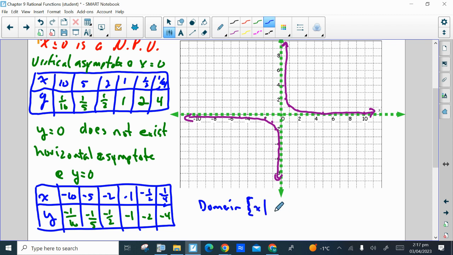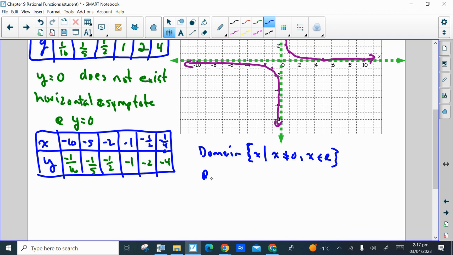All values of x except that x cannot equal 0, but all other real values belong to the domain. The range is the same except the variable is y. All real values of y except 0 are part of the range.